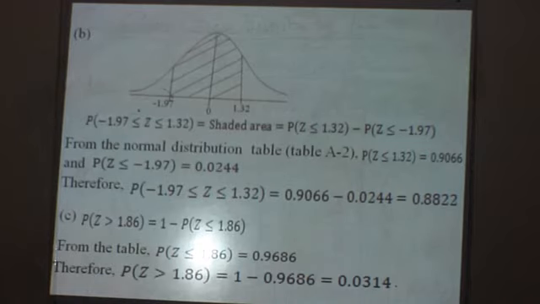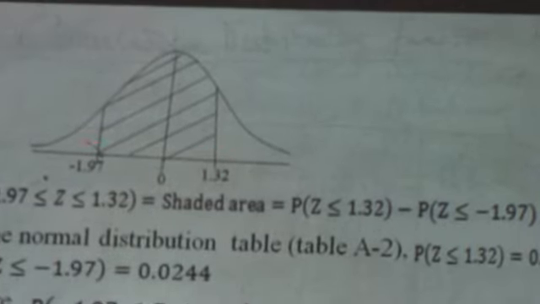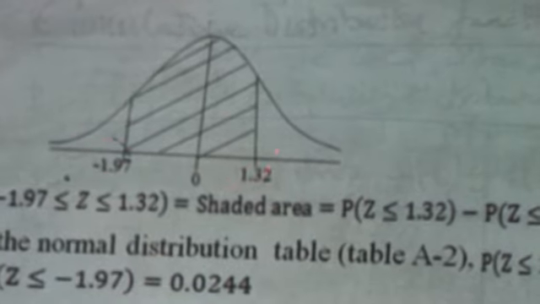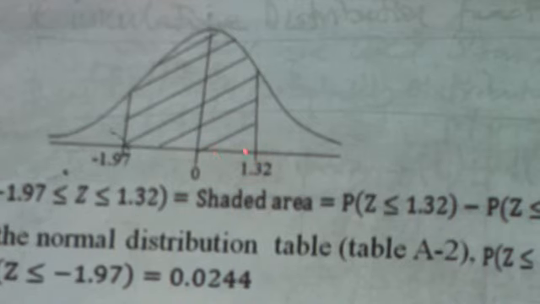Now from the diagram, you can see that right from here to this side is the area cut off by Z less than or equal to 1.32.